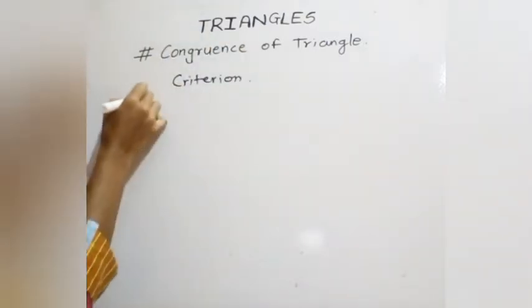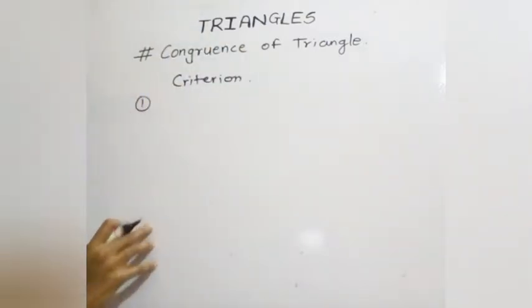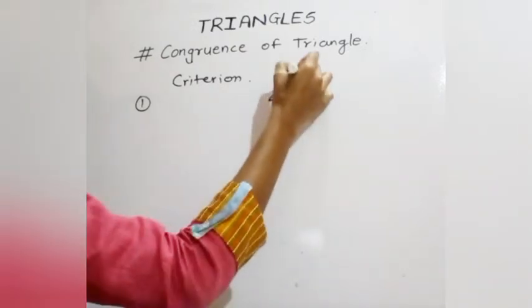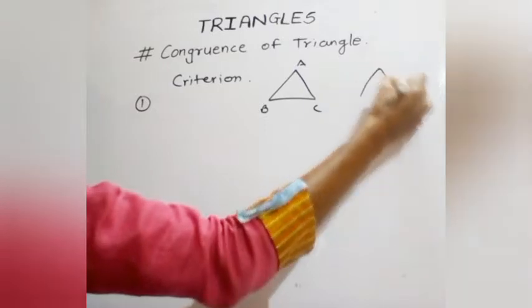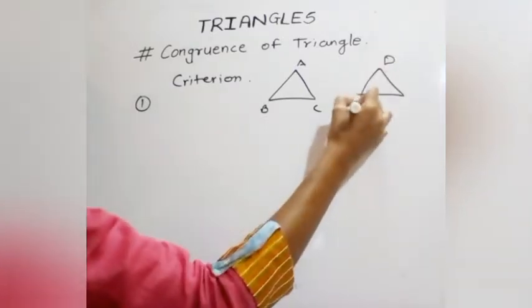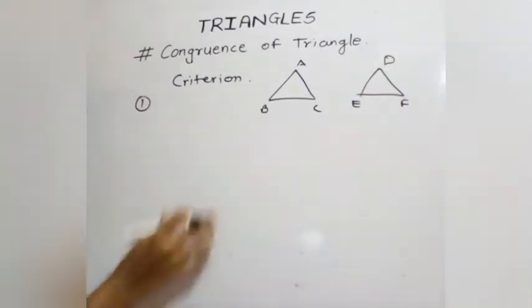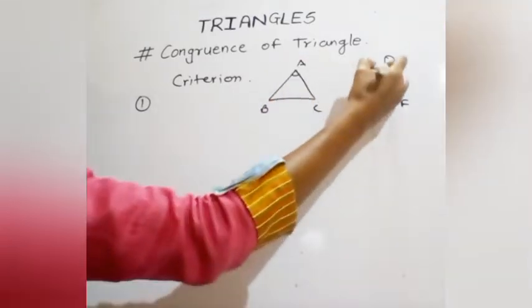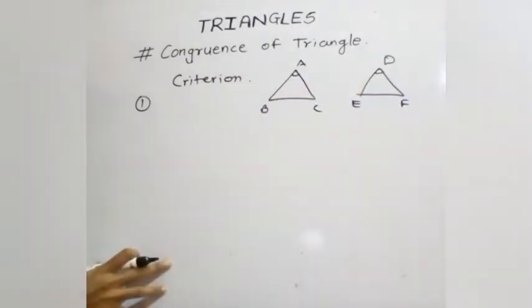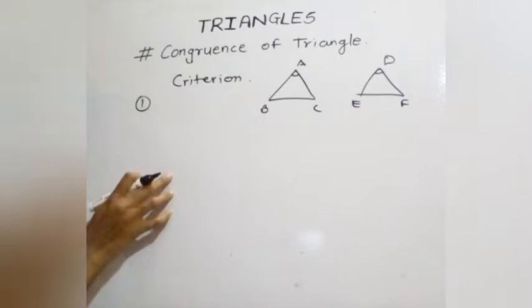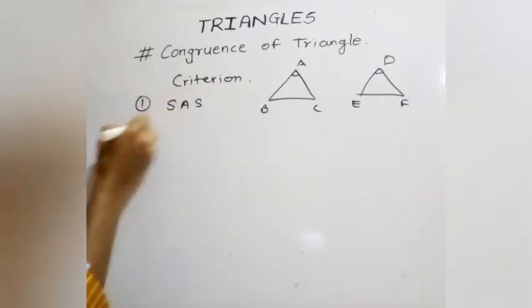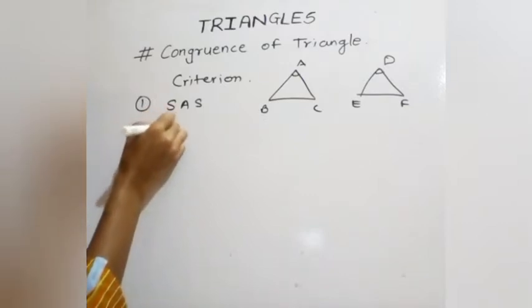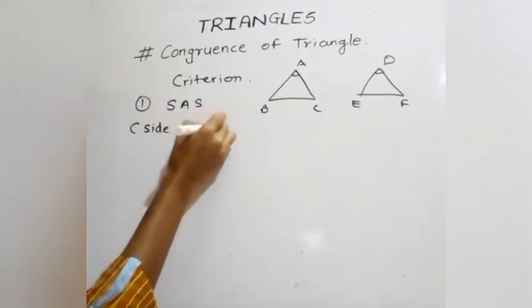So the first criteria for congruence of triangle, we can say that for triangle ABC and triangle DEF, three angles and three sides are given there. So first criteria is SAS. SAS stands for side, angle, side.